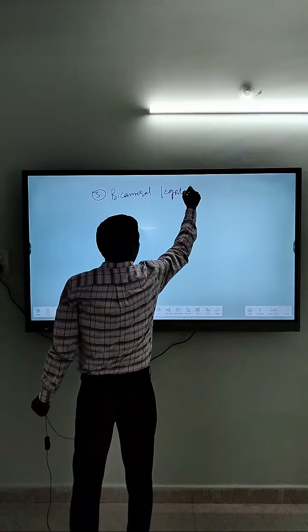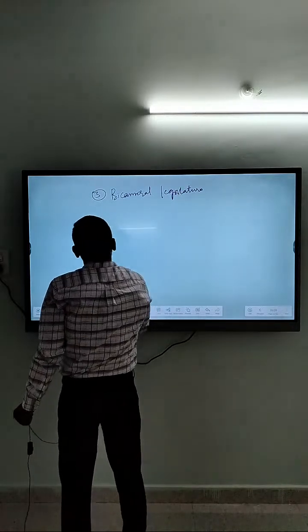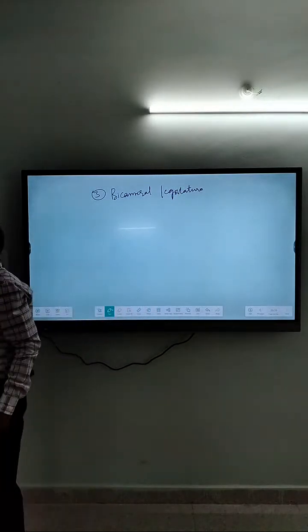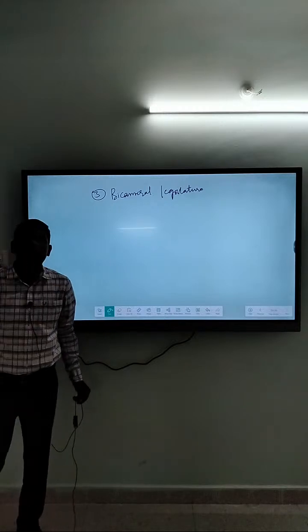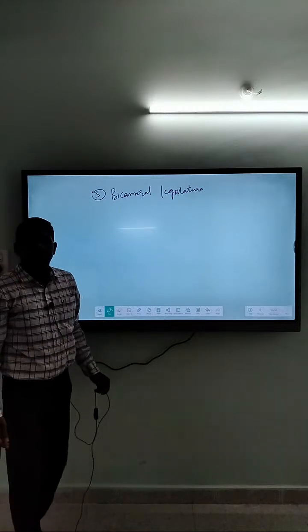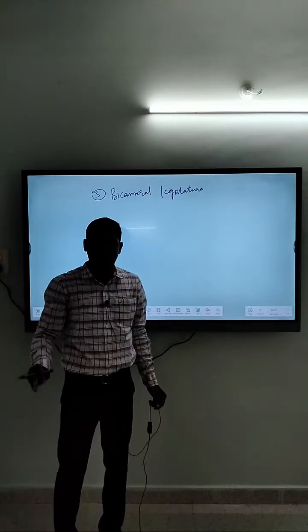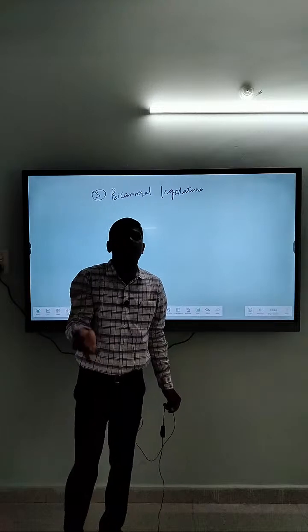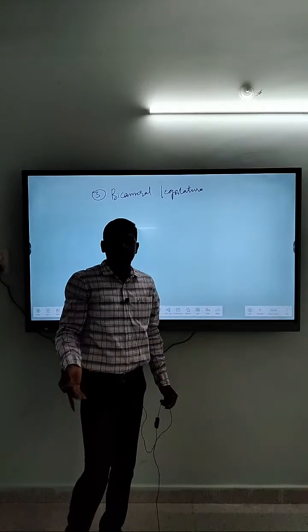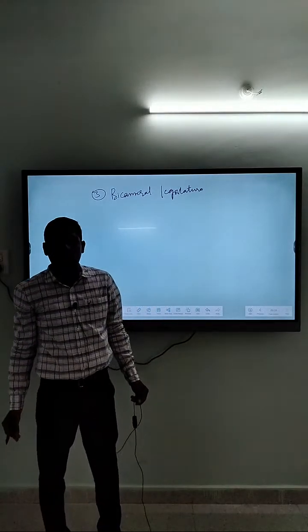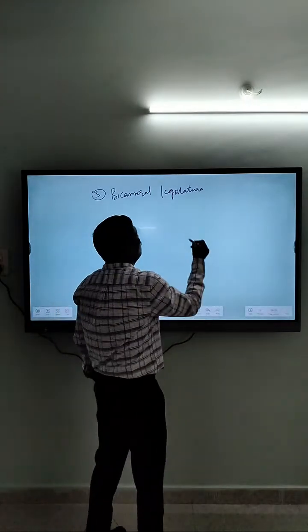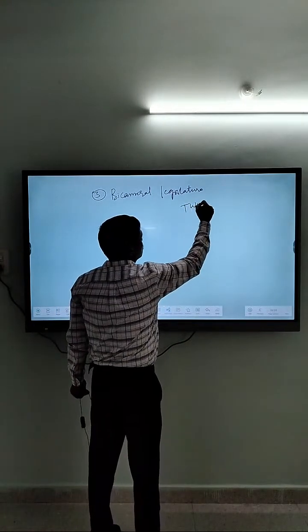So what do you mean by bicameral legislature? We have two types of systems, unicameral systems and bicameral systems. Unicameral means a single legislative body. Bicameral means the existence of two legislative bodies.